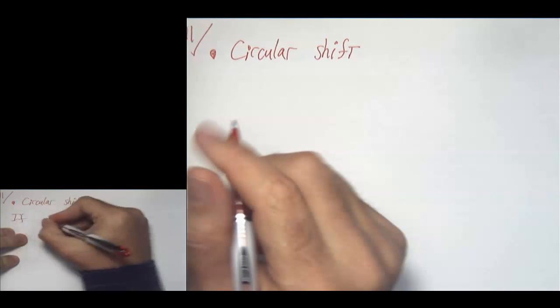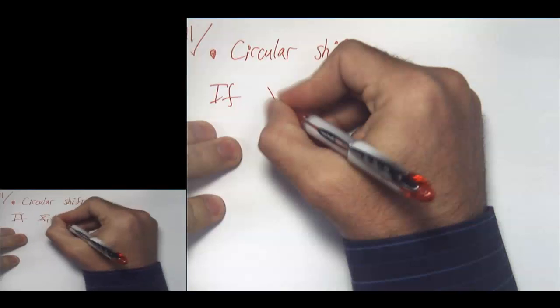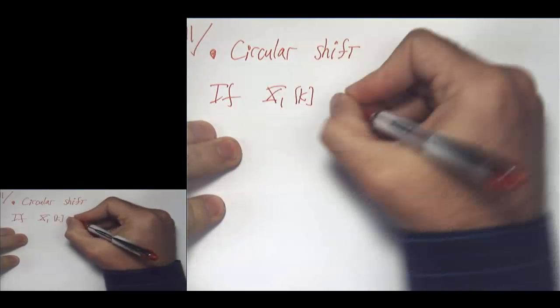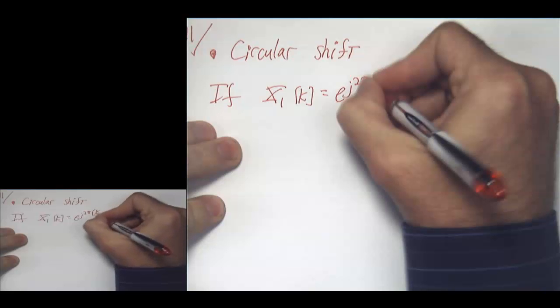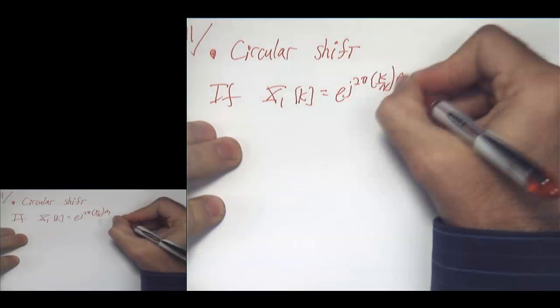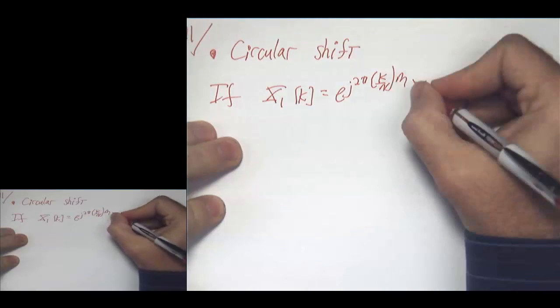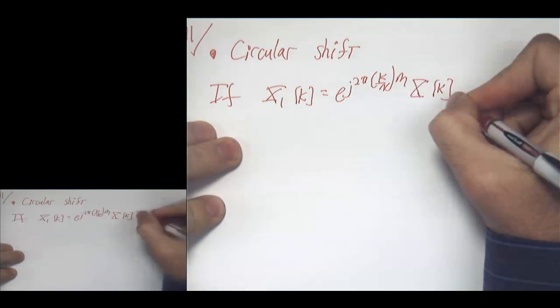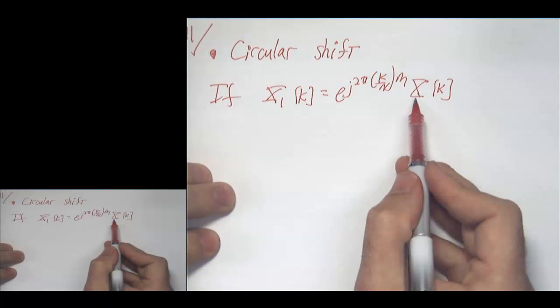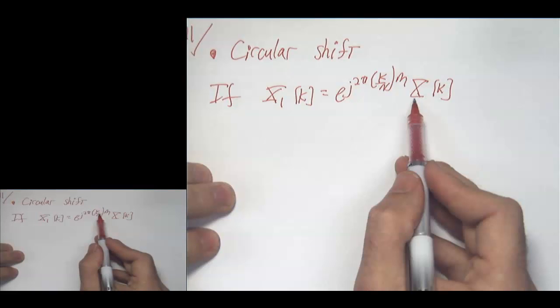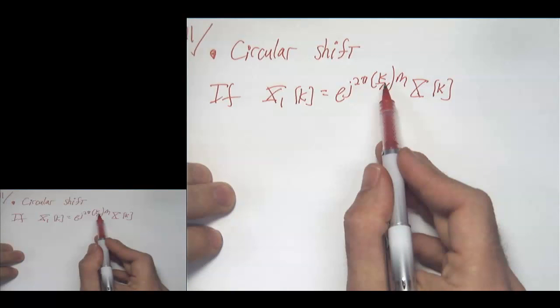So if we have a signal in discrete time, let's say X1 of k in the frequency domain, and that's the product of e to the j 2 pi k over N times m, times X of k. Notice that this is a signal in the frequency domain, and this is k here. Let me see if I did that right. K, yes, that's correct.